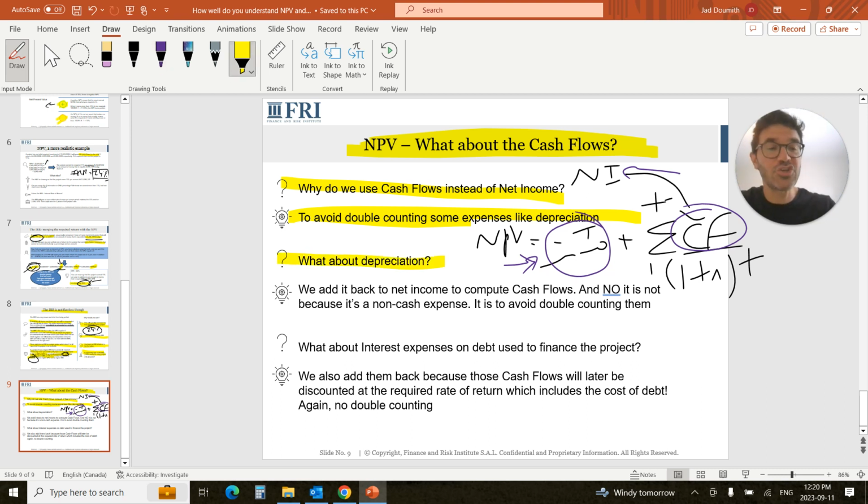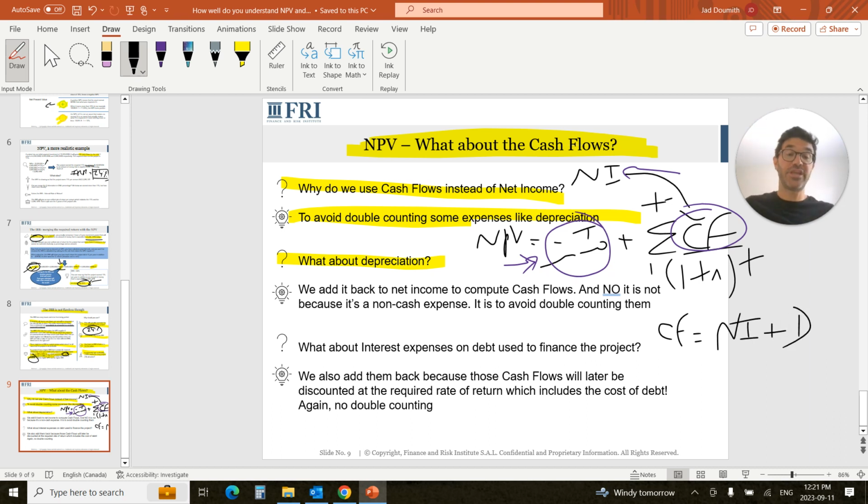So what about the depreciation expense? We add it back to net income. To calculate the cash flow, we take net income and we add back the depreciation expenses. And I know that some instructors and some candidates would say that the reason we are adding back depreciation is because it's a non-cash expense. Absolutely not. This is not the correct reason.